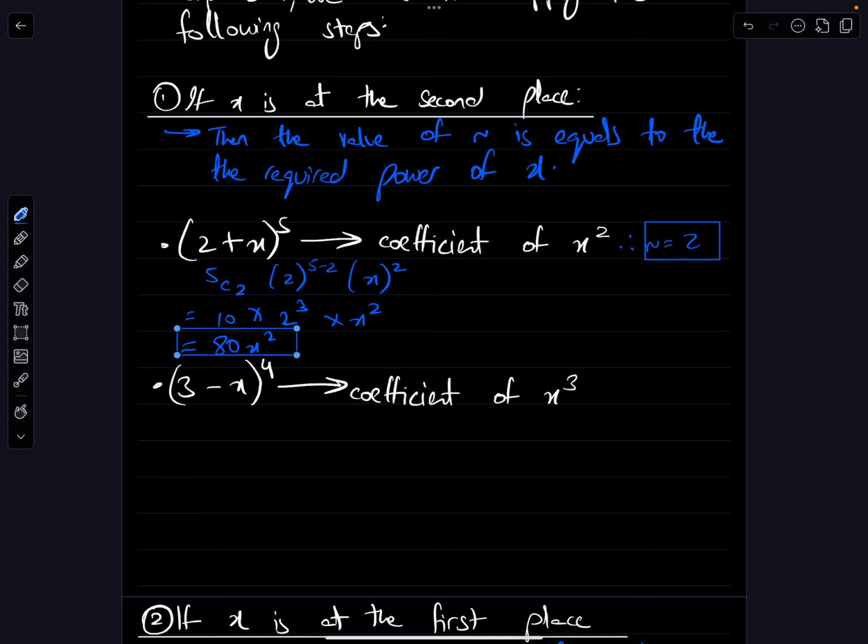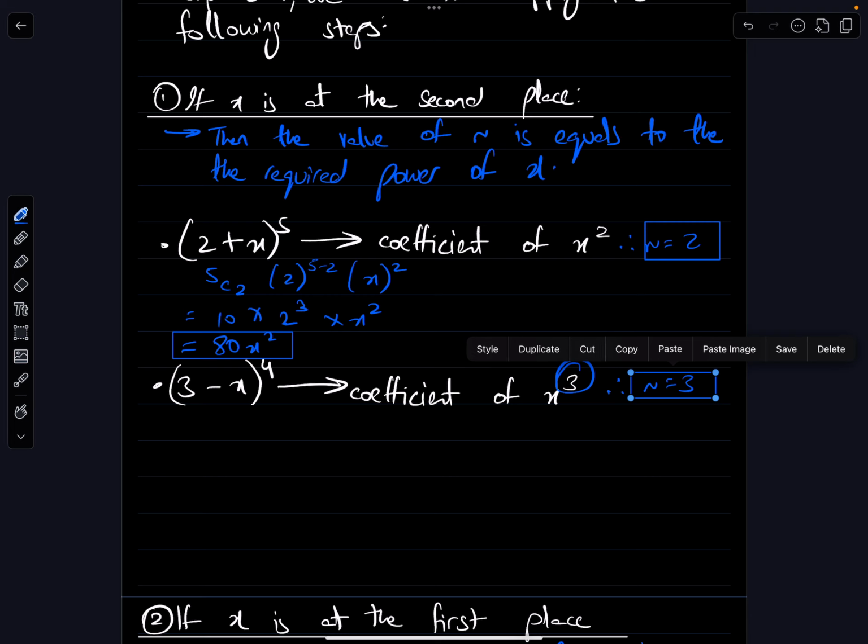Now, our second example. The required power of x is 3, and thus r is equal to 3, since x is at the second place. So 5C3, no, wait, it's 4C3 in this case.